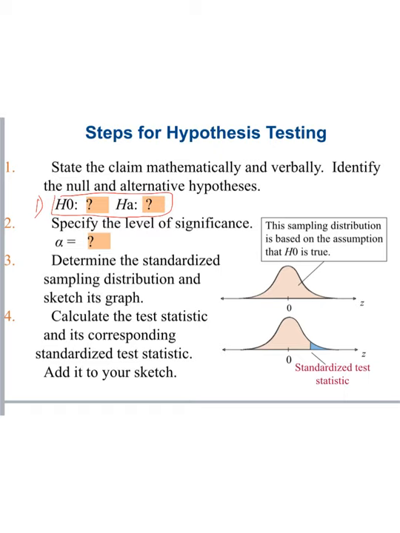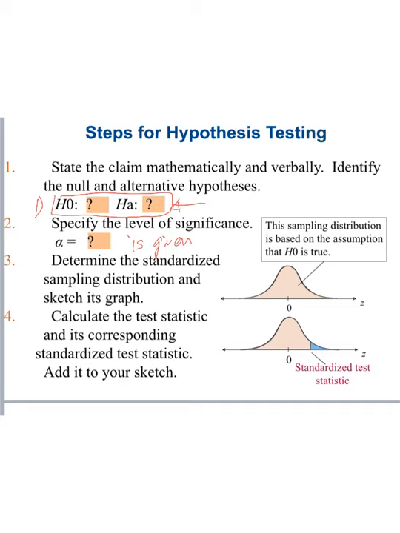Then from the alternative hypothesis, you know if it's going to be a right tail test, left tail test, or two tail test. Then the level of significance alpha is given. You just need to find it, because they'll tell you to test the claim at this level of significance.